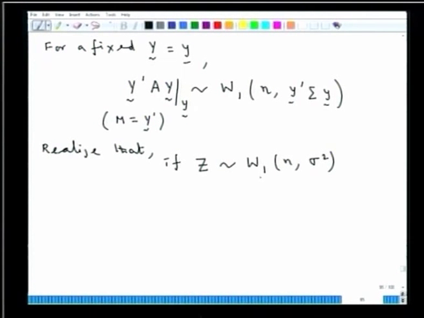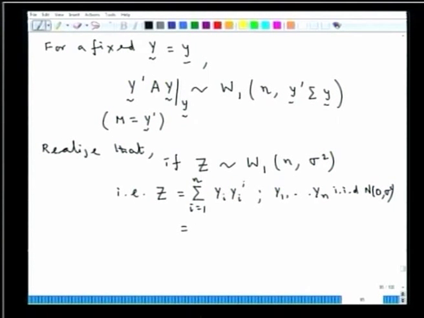So if z follows Wishart(1, n, σ²), then from the definition of the Wishart distribution, z would be the summation over i equal to 1 to n of yi yi transpose, where yi are some other random variables, not to be confused with the y here. These y1, y2, ..., yn are scalar random variables, IID normal one-dimensional, because the associated Wishart is one dimensional, with mean 0 and variance σ².